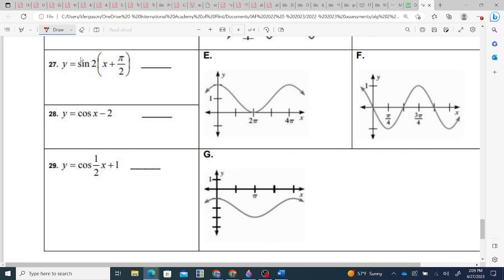So let's look at, okay, so 27 is E. Sine, so the amplitude is 1, right? Well, if it was sine and the amplitude is 1, the highest spot it would be is at 1. Or that I shifted it upward. And there ain't no moving it upward here. So that shouldn't be it.